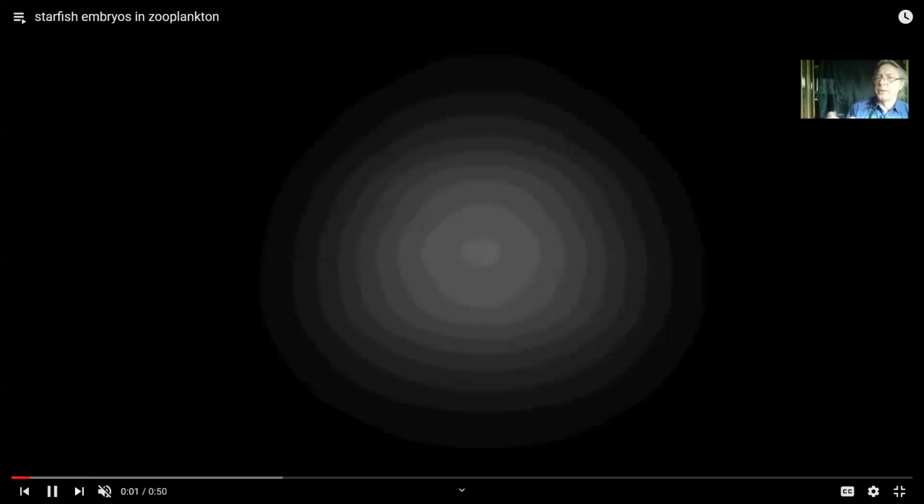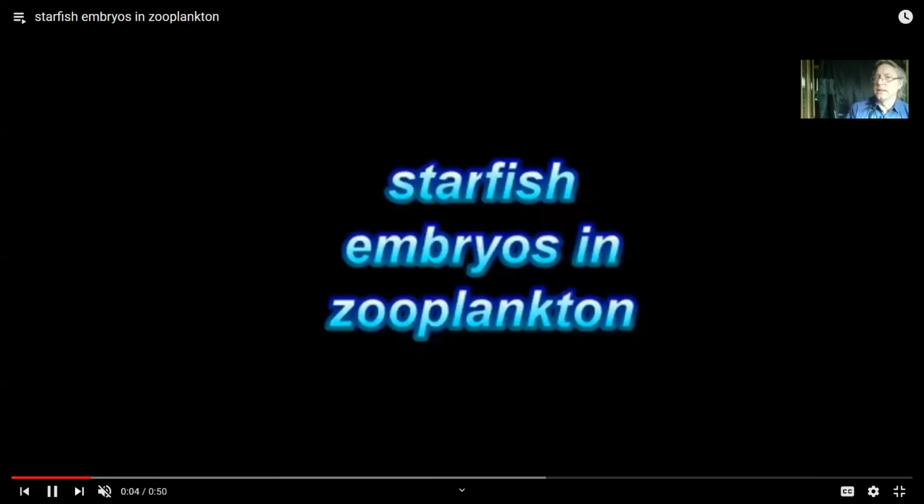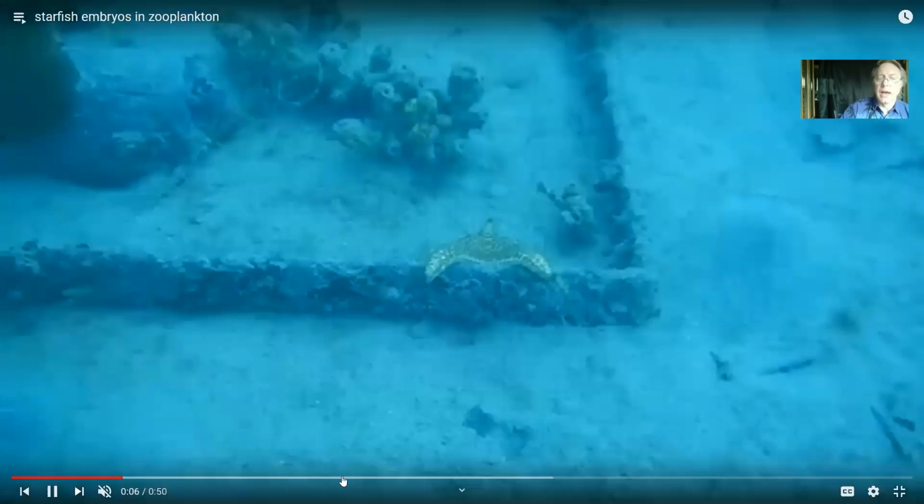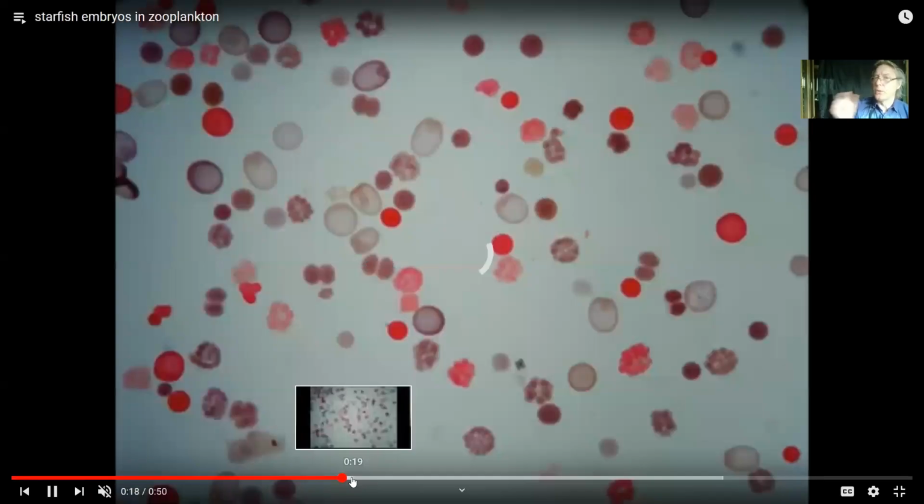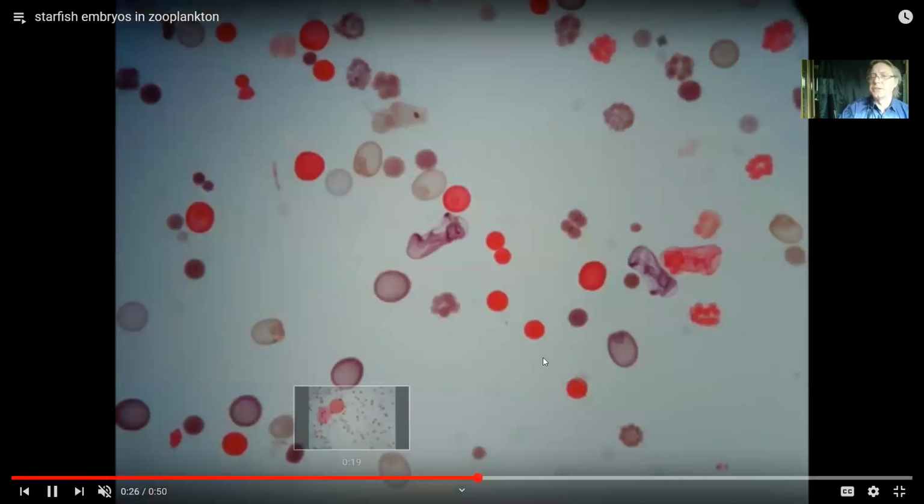And so when we think of zooplankton, the small animals which might be nourishing small fish, this would include crabs, which have very tiny larvae, so they would be in the zooplankton, as would starfish embryos.